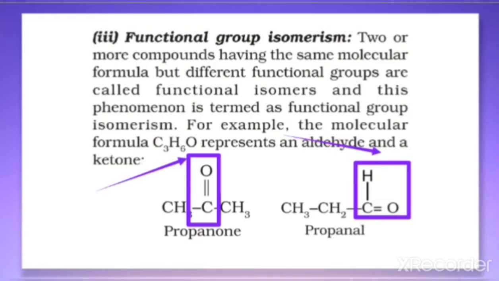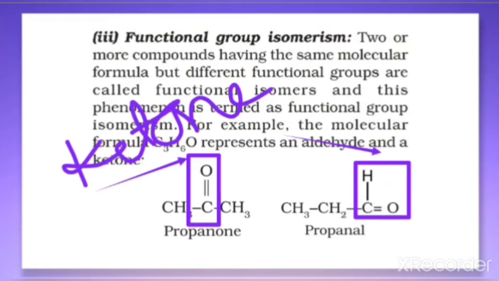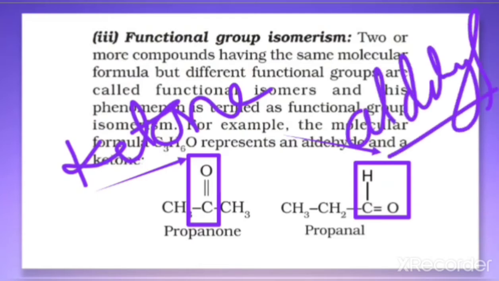This one is the ketone, and the other one is an aldehyde. So definitely they have different properties, both physical and chemical, but they have the same number of carbon, hydrogen and oxygen. That means they have the same molecular formula.